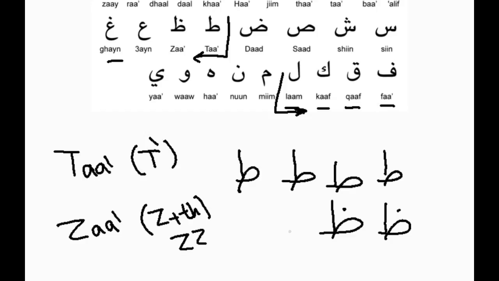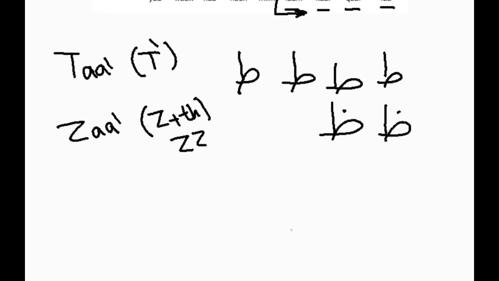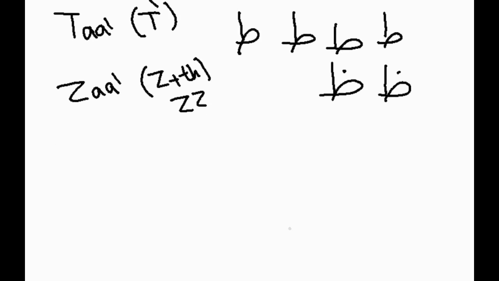Now the next two letters, ain and ghain, are similar to the three letters we talked about in part 1: ha, kha, and jim. Ain is a small part circle and then a bigger one. There is no equivalent in English.